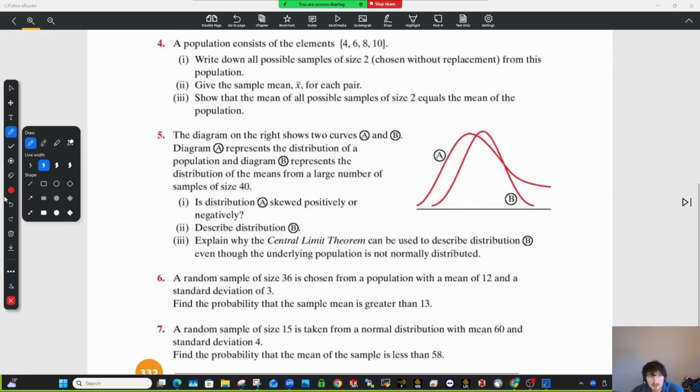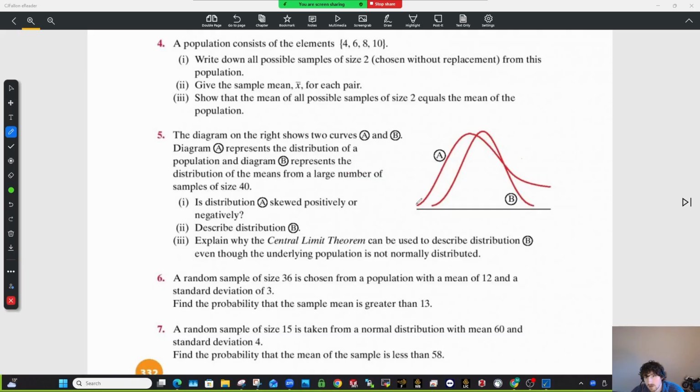Now, this is the easy scenario here, right? This is the easy scenario because it's clearly obvious that one of them is not normally distributed. A is not normally distributed, and B is, right? So the one that's not normally distributed must be the parent population or the underlying population.